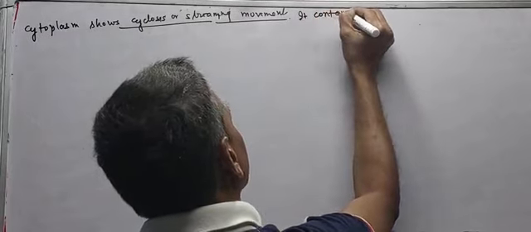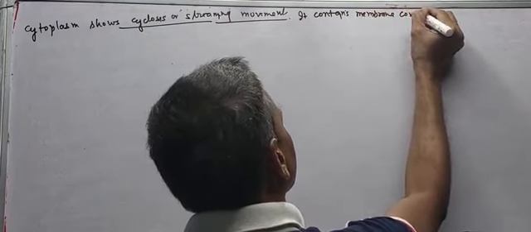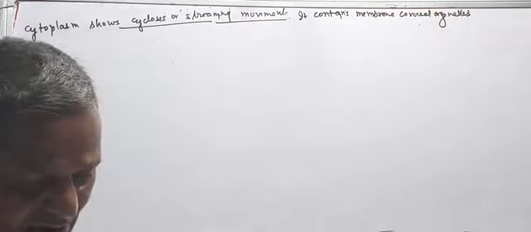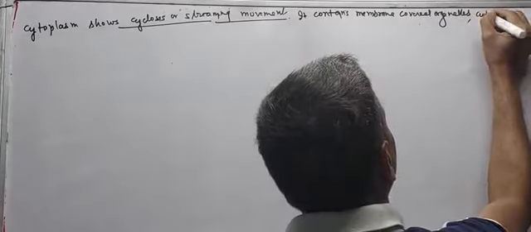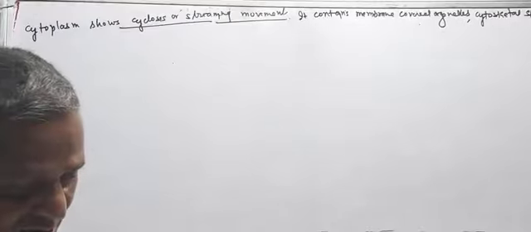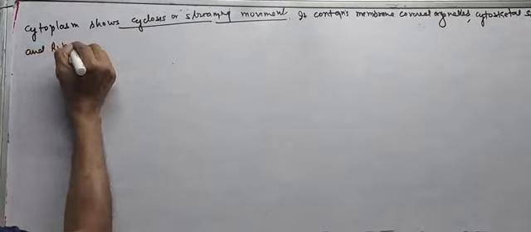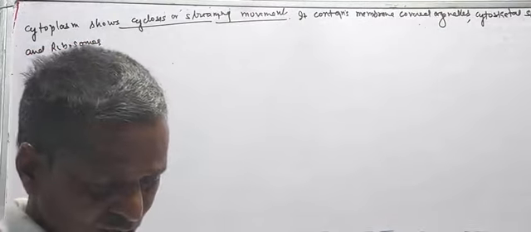It contains membrane covered organelles, cytoskeletal structure and ribosomes.